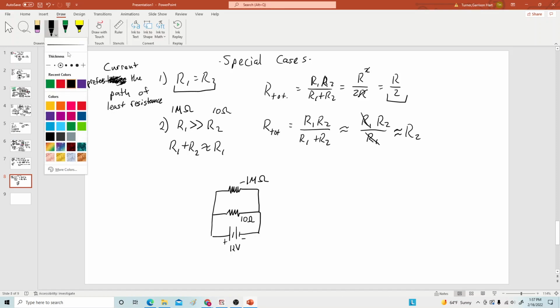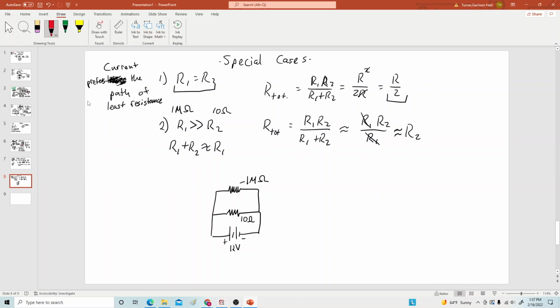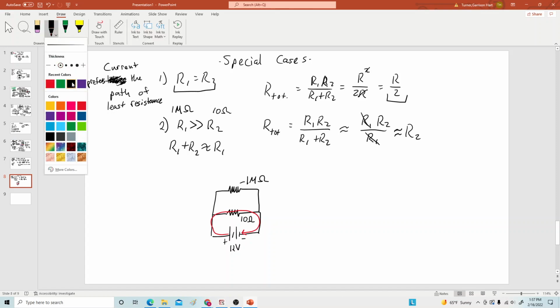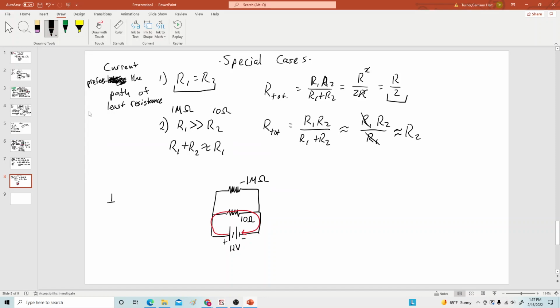Remember, if we think about each of these producing their own current, I look at the current produced by just the 10 ohm resistor. I look at I1. I1 is going to be 12 volts divided by 10 ohms, or 1.2 amps.